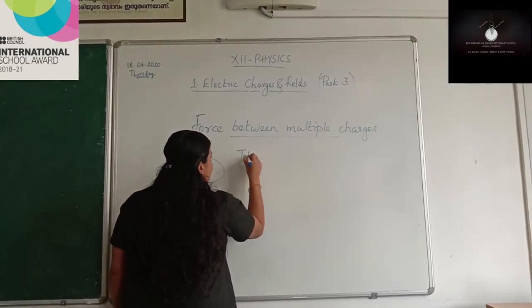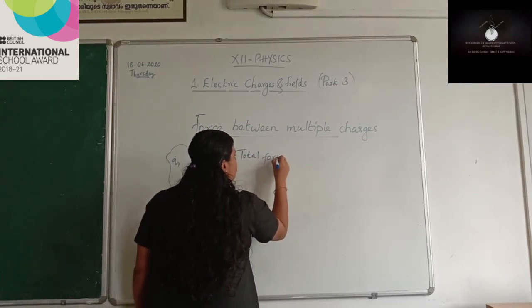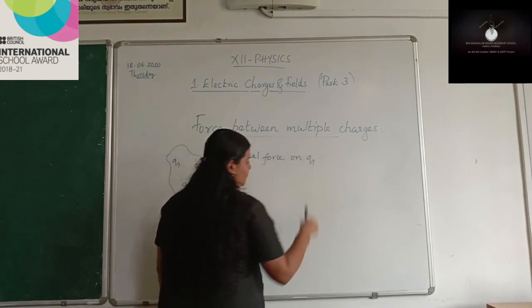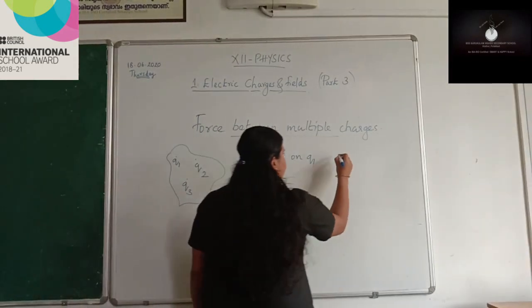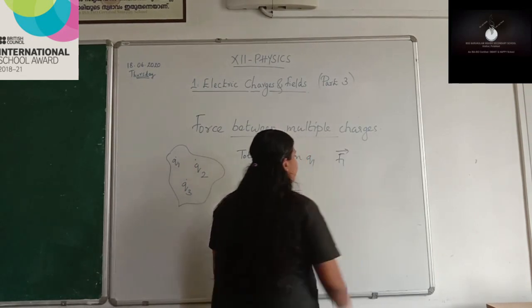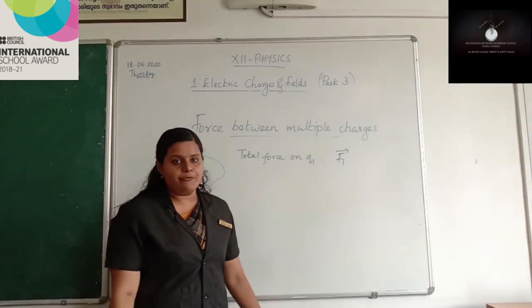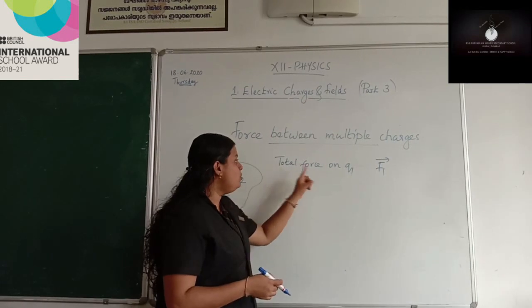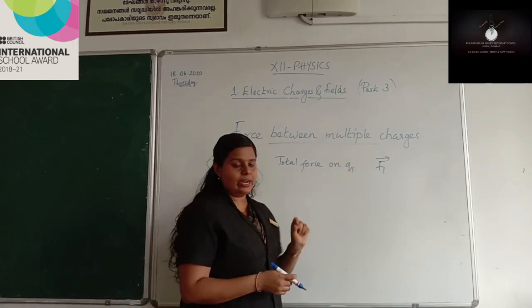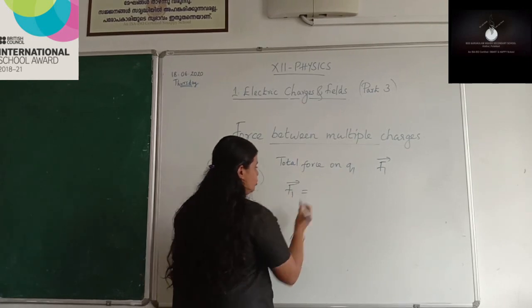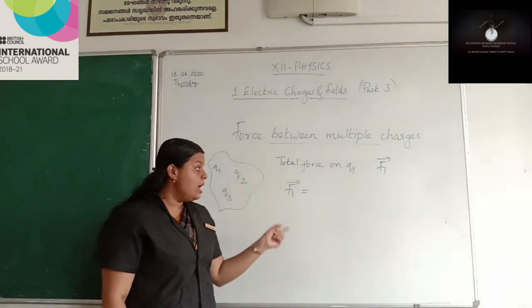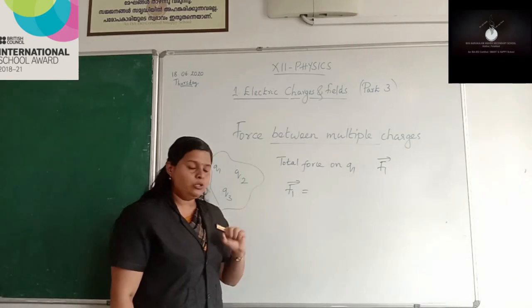So the total force on the point charge Q1, let it be F1. Since it is a vector, let it be vector F1. So F1 is equal to the vector sum of individual forces.